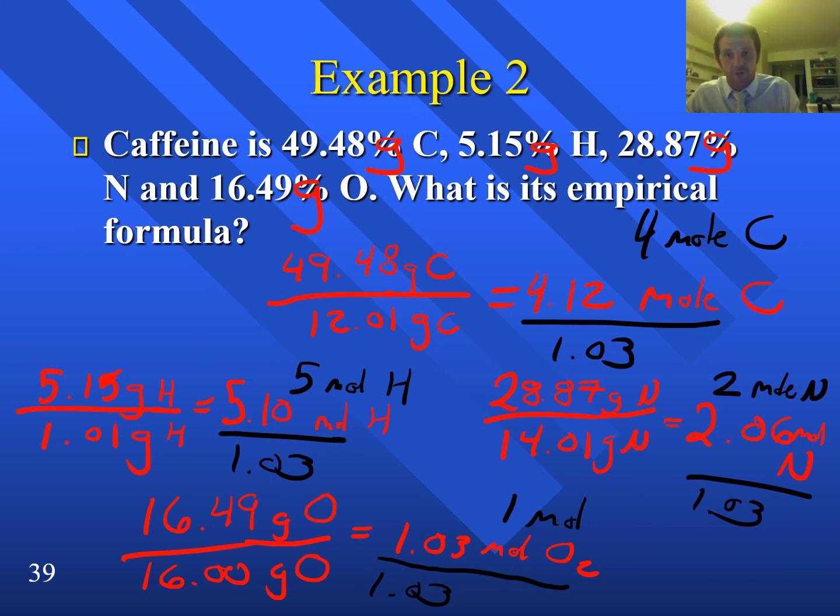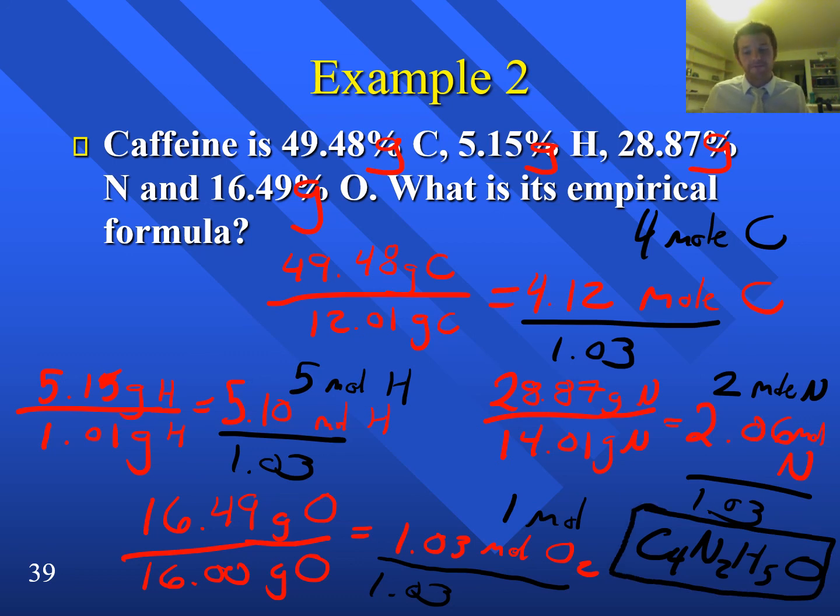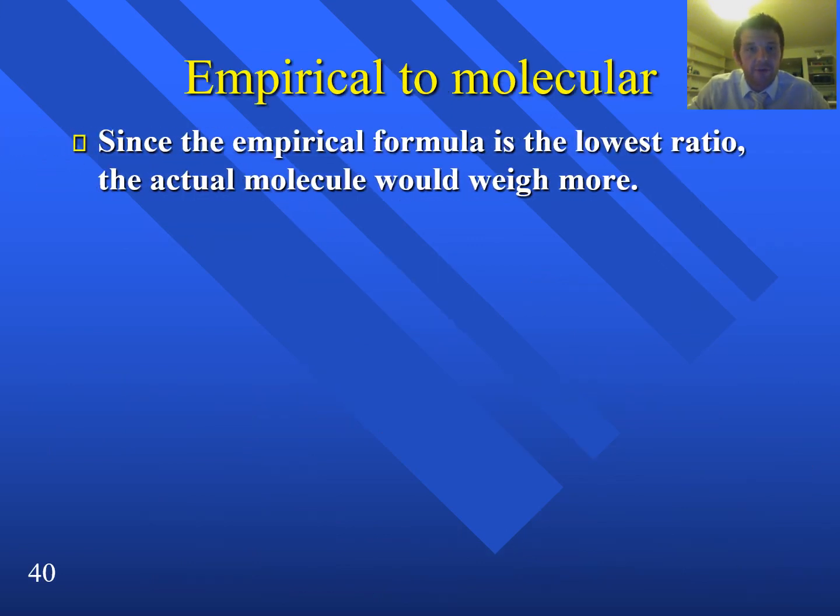So I should end up with C4N2H5O. That is our empirical formula for caffeine. The next slide is going to start to help us dig deeper into it.